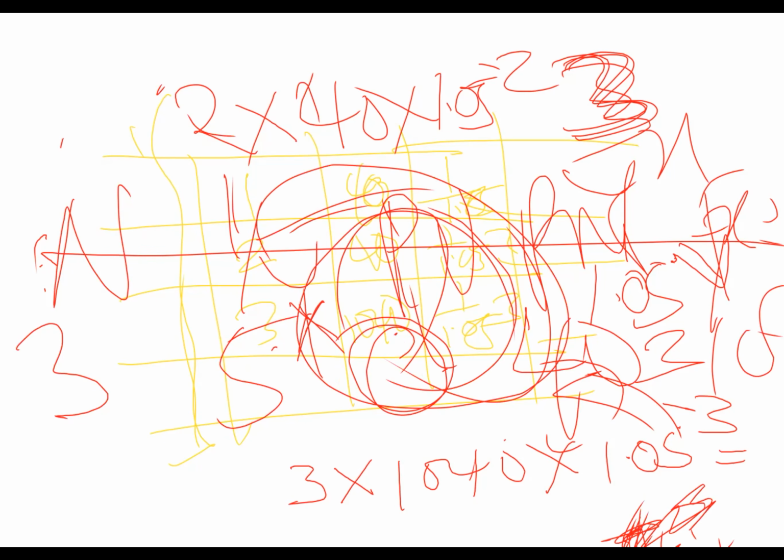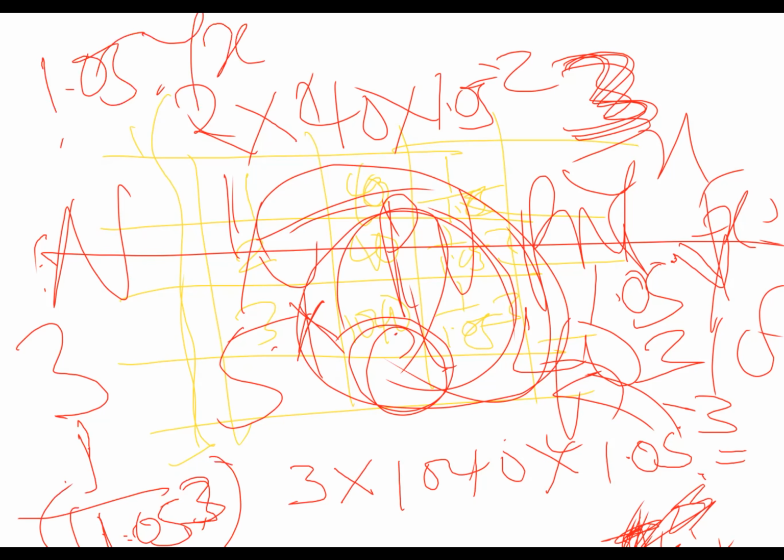So you need to use the inverse function. Inverse function is critical. The other way of using the inverse function is 1 over 1.05 raised to the power 3. You start from the denominator: 1.05 raised to the power 3, which is 1.05 y^x, then you put 3.